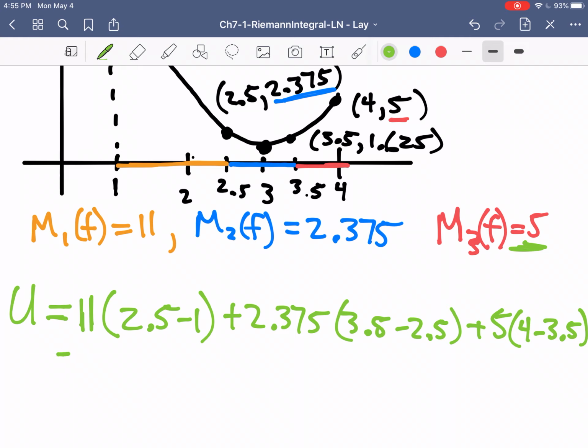And if we roll through and calculate all of that, we get for our upper sum a value of 21.375.